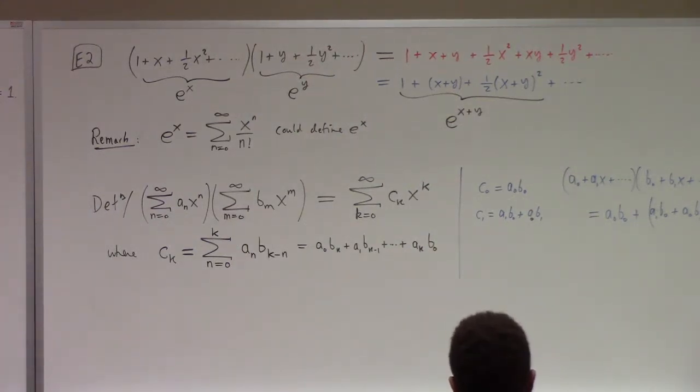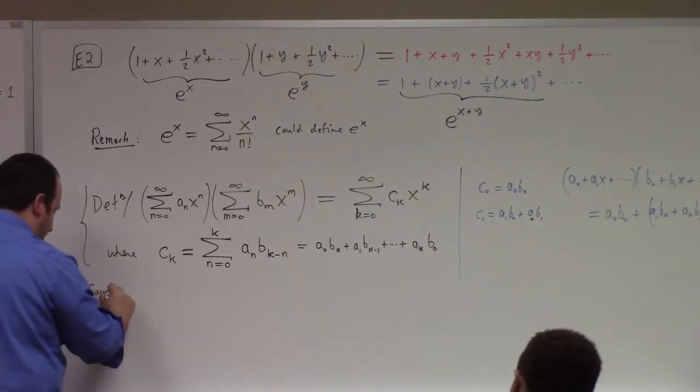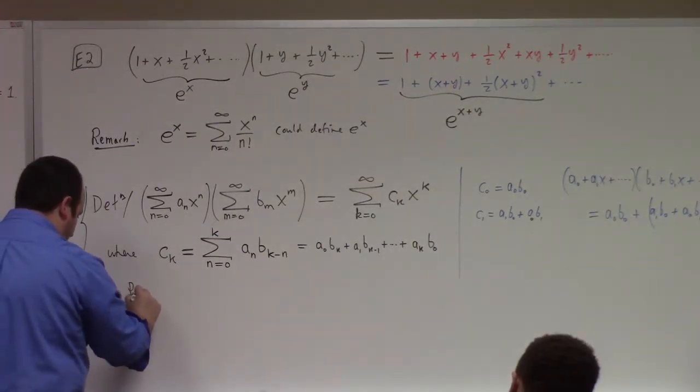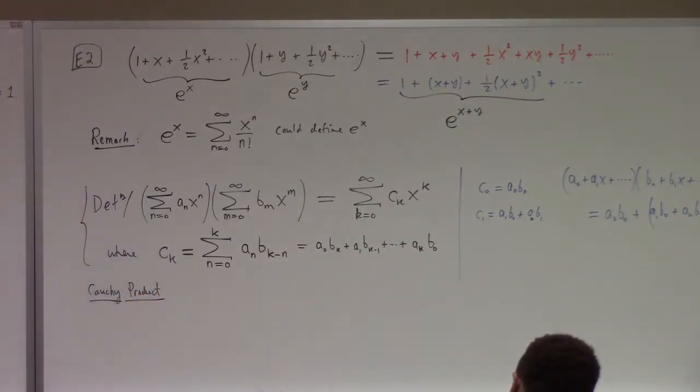Anyway, that is in fact a definition. This is the so-called Cauchy product of the series. And in fact, you could make this definition for numerical series just the same, and you can prove that the product of two series converges, provided that at least one of them is absolutely convergent.